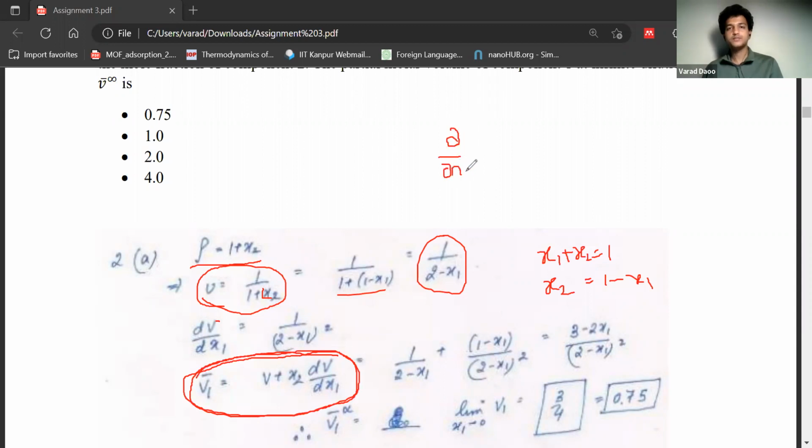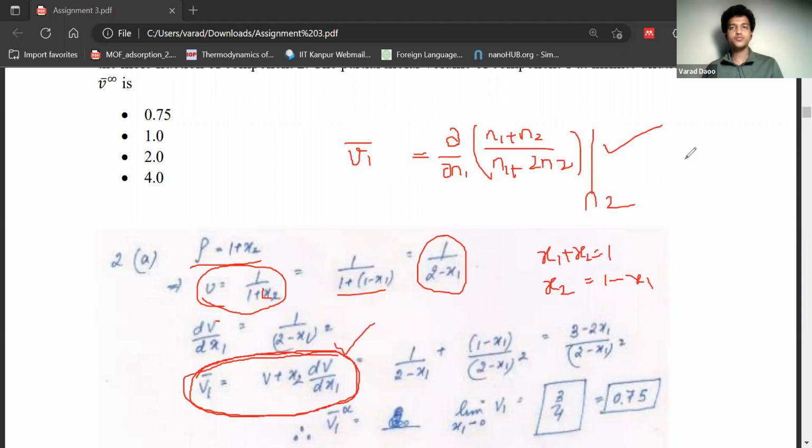Okay, so you can do it the way I have also shown you: dou by dou n1 of n1 plus n2 divided by n1 plus 2n2 at constant n2. This is nothing but V1 bar. So you can go this route or you can go this route also.